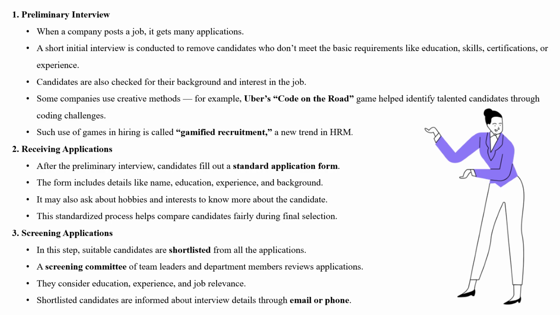Nowadays, many companies use applicant tracking systems to screen the resume. For example, a bank receives 2000 applications for 20 vacancies. After screening, only 200 candidates are shortlisted for the second round. This is called screening of the application.